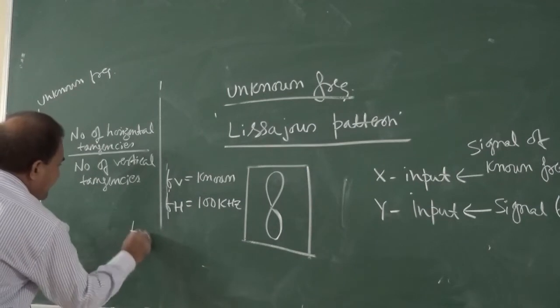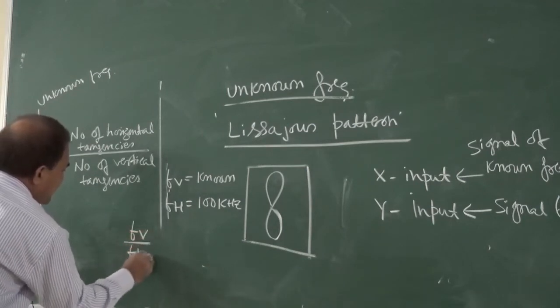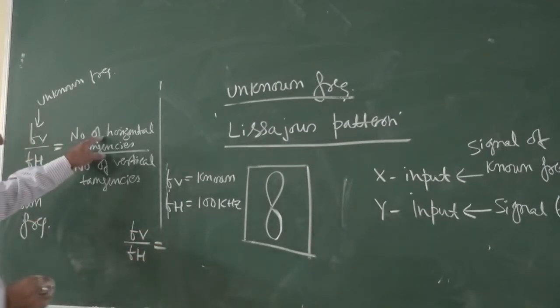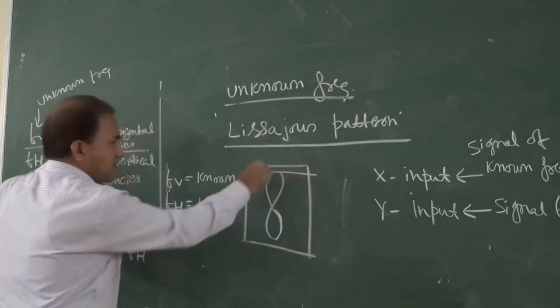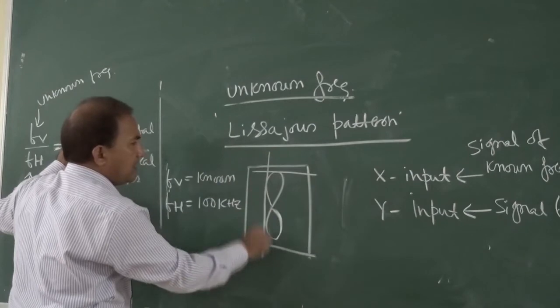By using this formula, FV by FH is equal to the number of horizontal tangencies, which is 1, divided by the number of vertical tangencies.